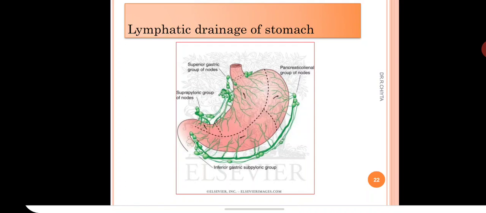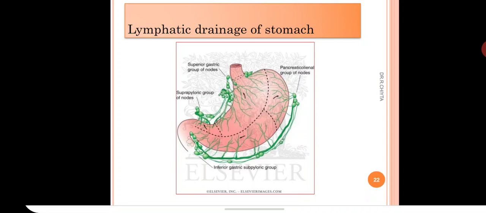From the stomach, you have to draw a vertical line from the cardiac orifice. The part of the stomach to the left of the vertical line drawn from the cardiac orifice will be draining into the pancreaticosplenic lymph nodes, which you see in the uppermost to the left, and also to the paracardiac lymph nodes.